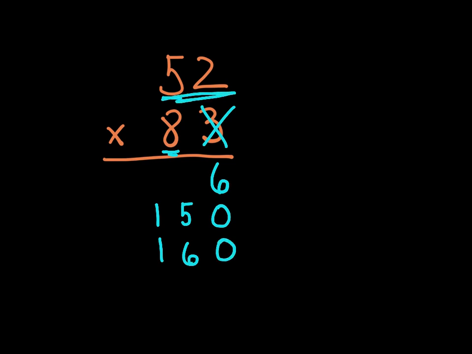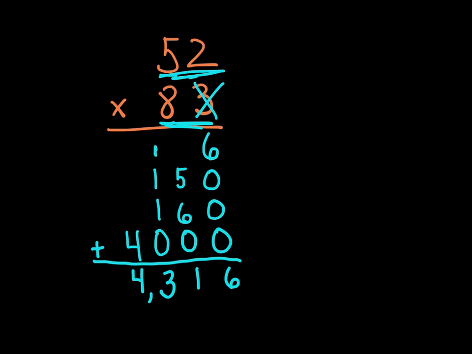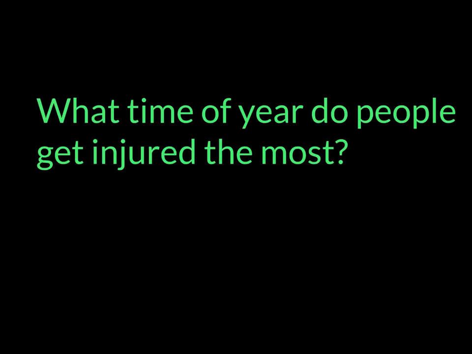Now we're doing 50 times 80. Well, 5 times 8 is 40. That's a very tricky one. And we add on our 2 zeros, so it's really 4,000. And now we're going to add up our partial products. 6 in the 1s, 11 in the 10s, group, 3 in the hundreds, and 4 in the thousands. So 4,316.